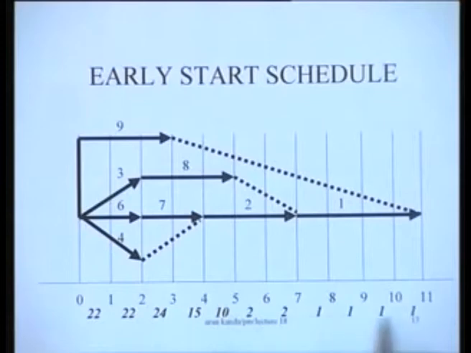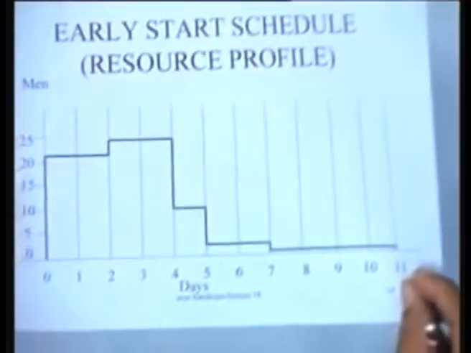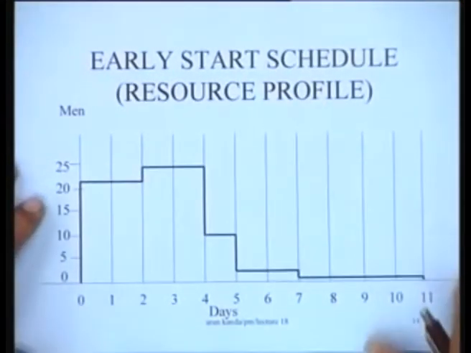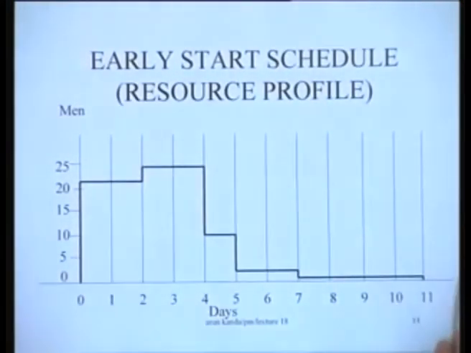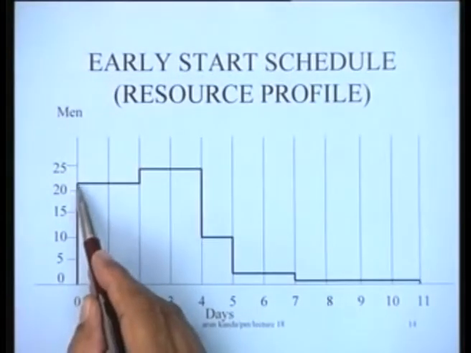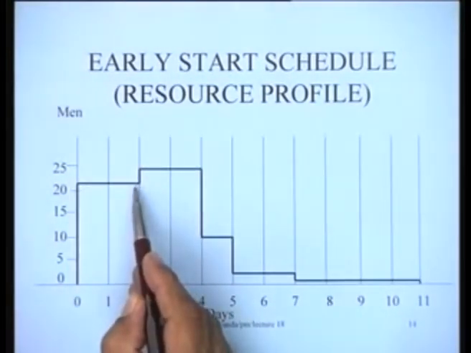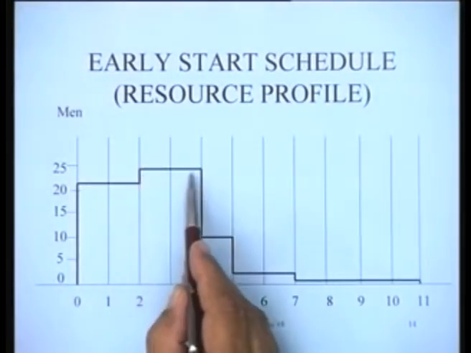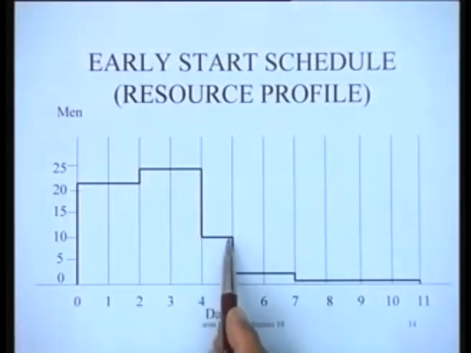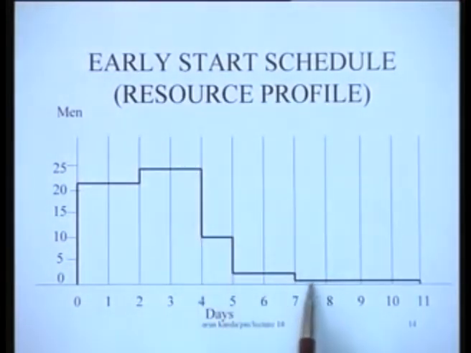This early start schedule, when shown on a typical resource usage graph, looks like this. It shows that there is a peak of 22 people during the first 2 days, then a peak of 24 people, and then it drops down, and then you have the resource fluctuations.